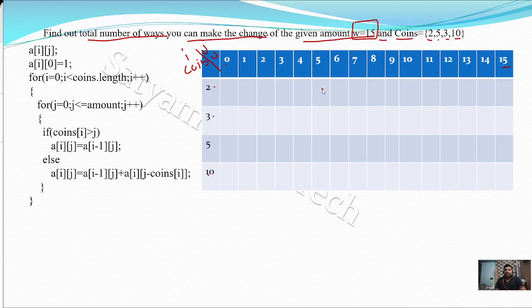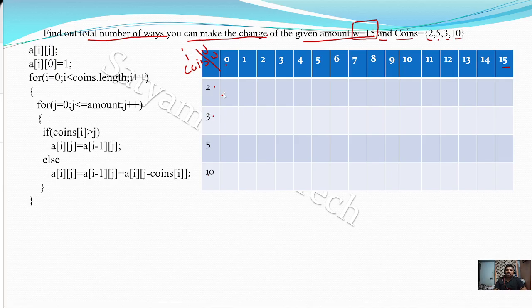Whenever you require a subproblem solution, you can take it directly from the table without calculating the same subproblems again and again. Solving the same subproblem again and again is a waste of time. That's why the subproblem results are stored in the table.